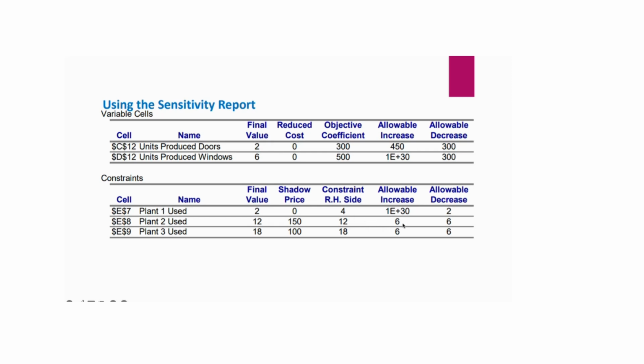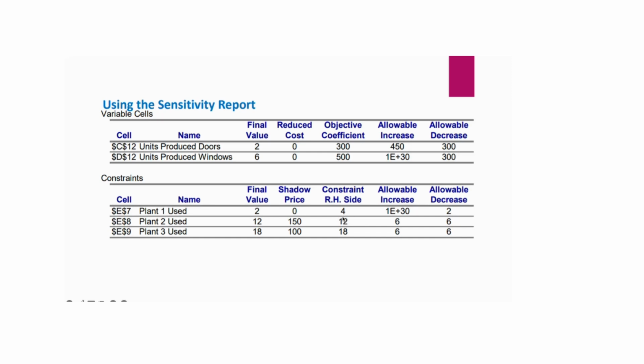So that's the range, which means that if we add 6 hours to 12, without touching the other parameters, we can maintain the shadow price at 150. Beyond this allowable increase, let's say 7 instead of 6, if we add 7 to 12, that becomes 19.